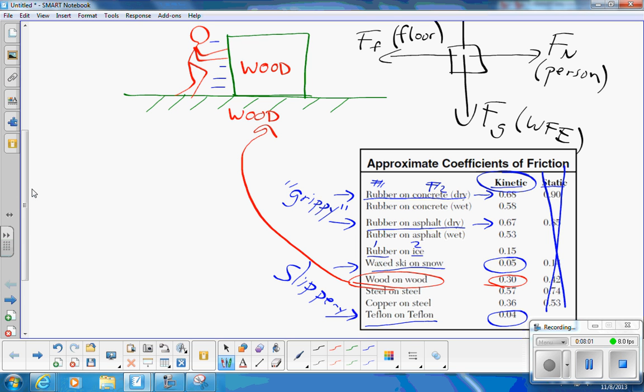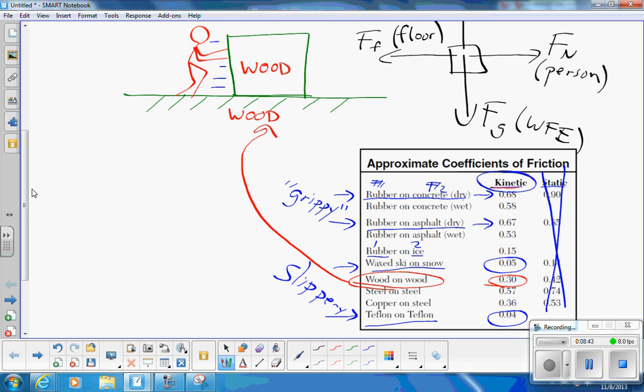So all these different values correspond to pairs of materials that are in contact with each other, and since we're talking kinetic friction, these coefficients correspond to pairs of materials that are sliding relative to each other. And so we're seeing that these coefficients of kinetic friction are dimensionless values. They have no units, and they correspond to pairs of materials. The numbers seem to be low for slippery materials, and they seem to be high for not slippery or grippy materials. That's a good conceptual understanding of what these numbers are. They're numerical descriptions, if you will, of how slippery two surfaces are.